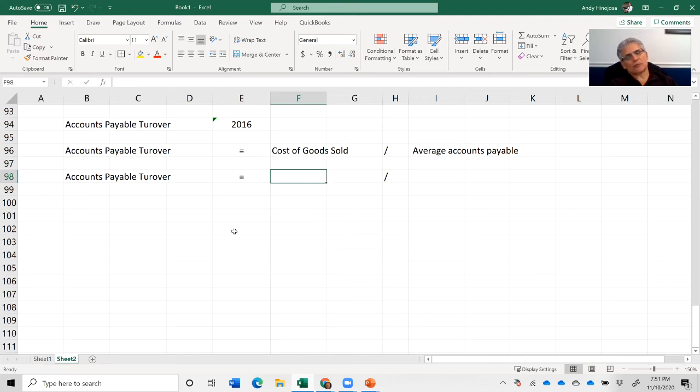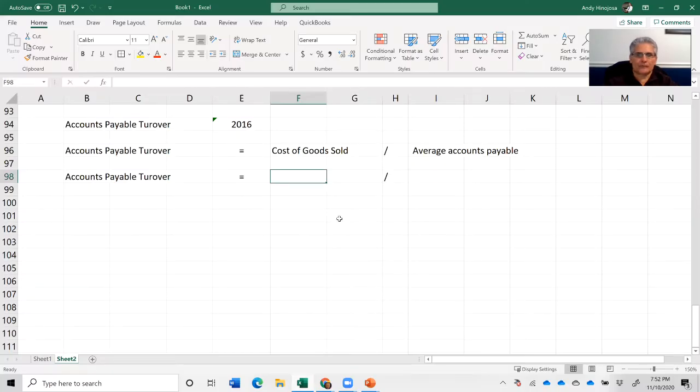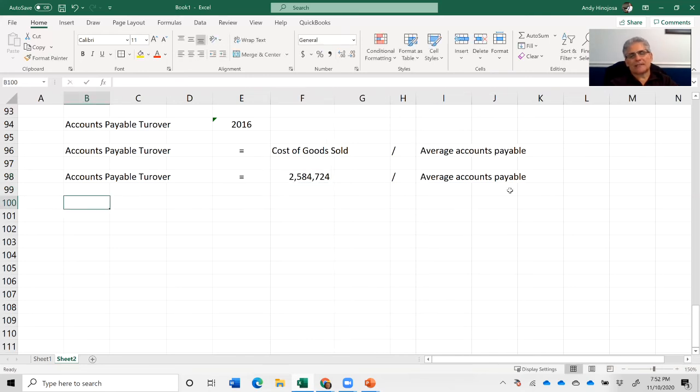So the cost of goods sold for 2016, let's go ahead and go back to slide number 10. The cost of goods sold for 2016 is 2,584,724. And that's going to be divided by average accounts payable.